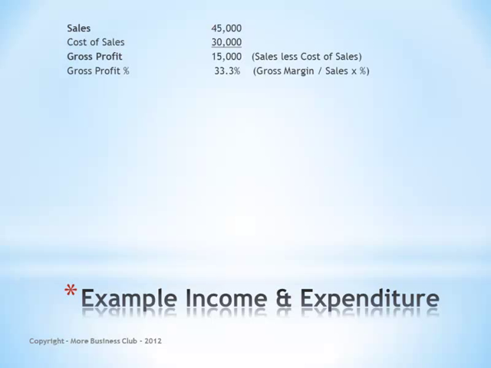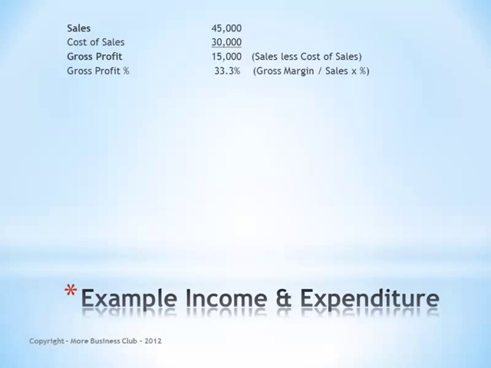So the time of purchase does not relate necessarily to the time of sale. So that's one thing to note, that you have to match up the cost of sales to the actual sales that you made during the month. And you'll see that after deducting your cost of sales, you've made a gross profit of £15,000.